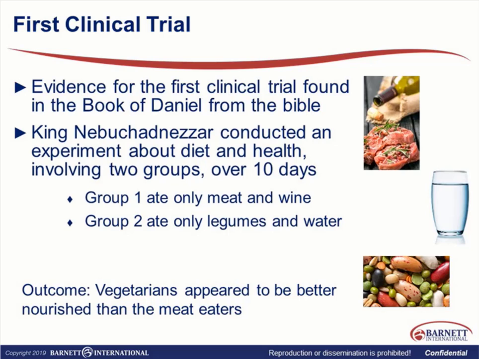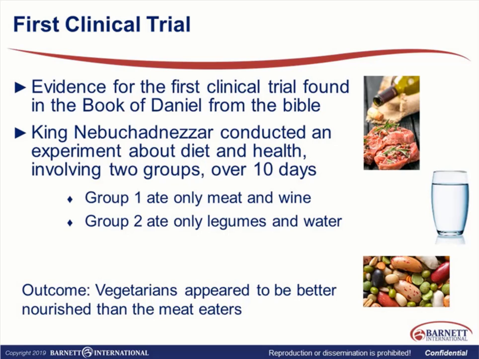There was an experiment that was conducted by King Nebuchadnezzar, who was also a military leader, and during his rule of Babylon, Nebuchadnezzar ordered his people who were in the military to consume a diet based upon meat and wine, because he believed that this would keep his military team in excellent health.